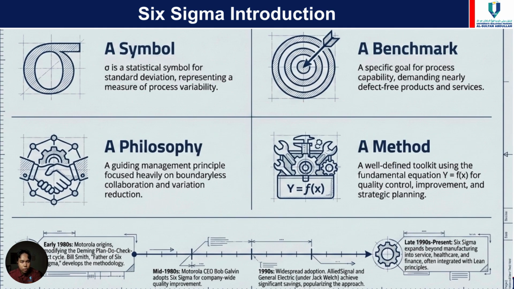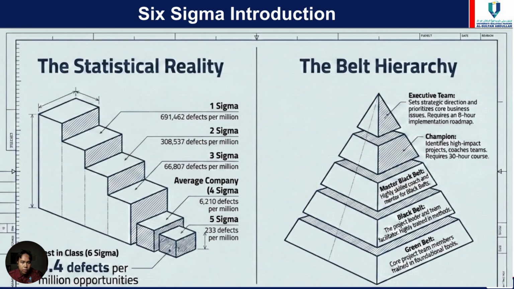So he is one of the important figures that developed the methodology or base framework for Six Sigma. And then in the 1990s, Six Sigma expanded beyond manufacturing into service, healthcare, and finance, and often integrates with lean principles.